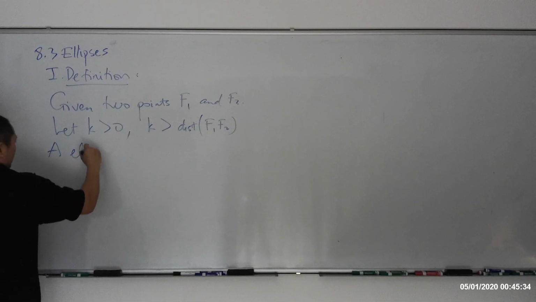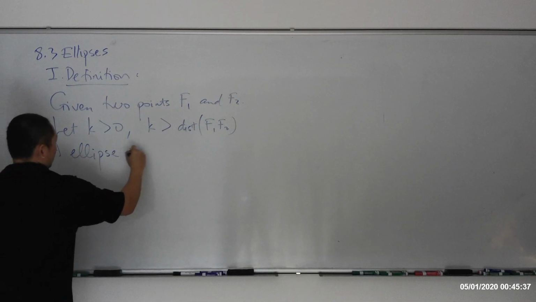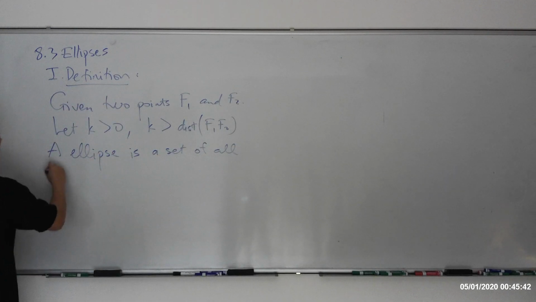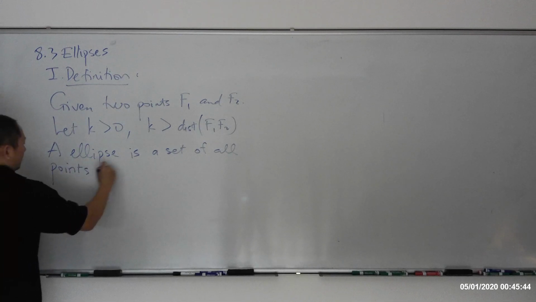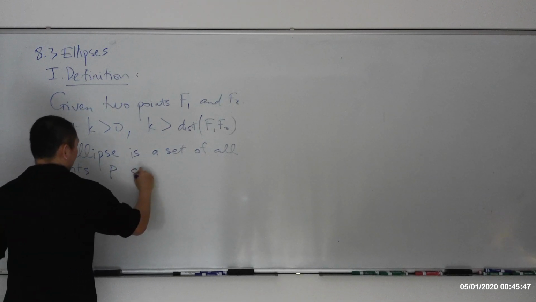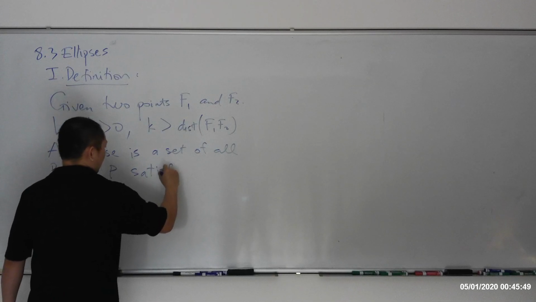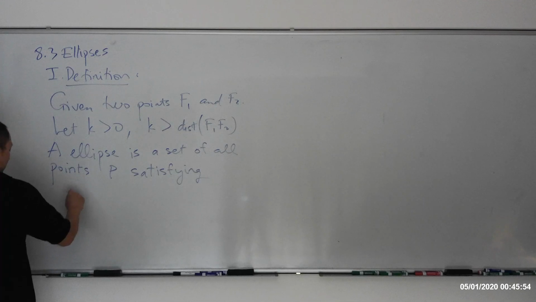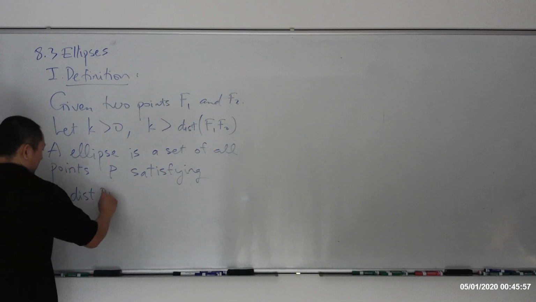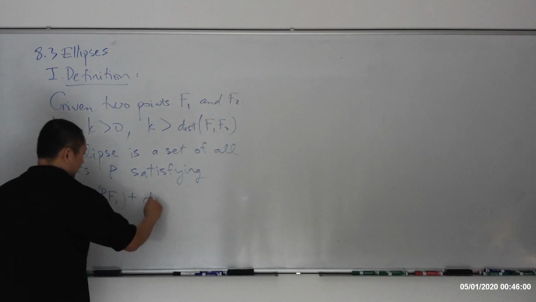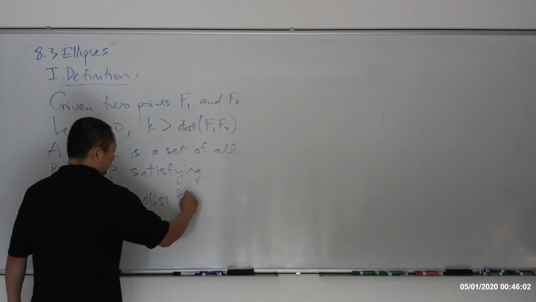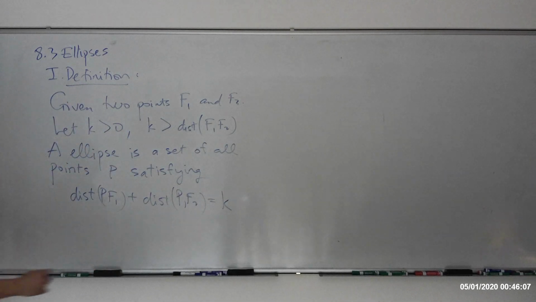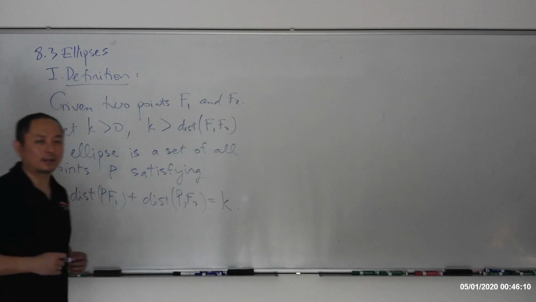The ellipse is a set of all points P satisfying: the distance from P to F1 plus the distance from P to F2 is equal to K. Okay, that is the definition.